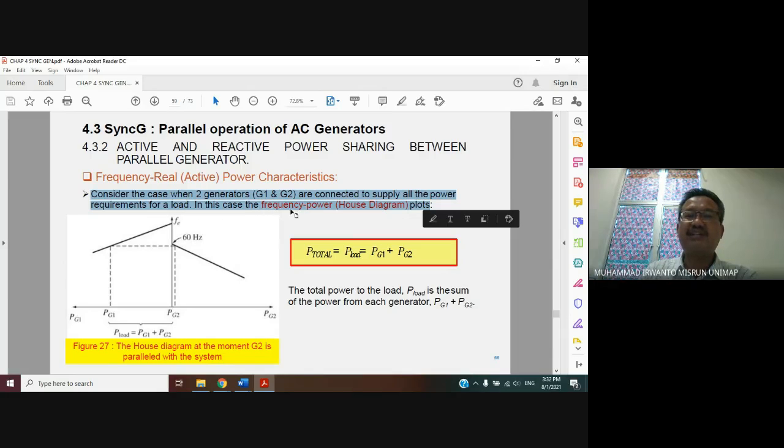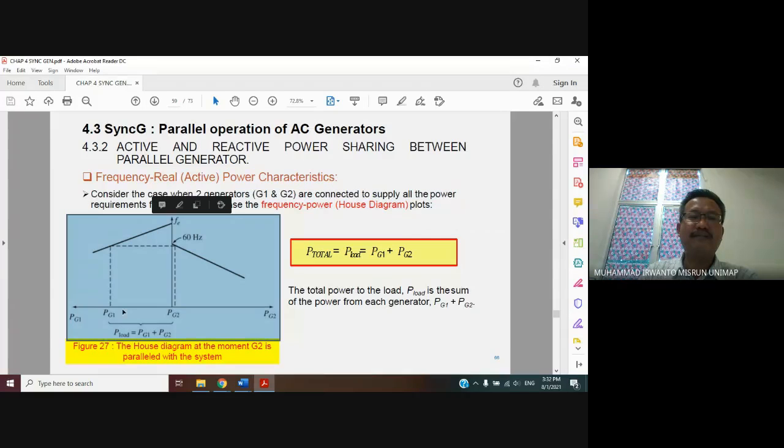In this case, the frequency power diagram, or we can call it the house diagram plot, looks like the roof of a house. This diagram is one curve that relates frequency versus real power, and terminal voltage versus reactive power.